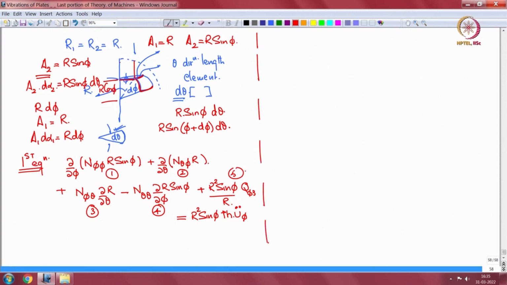So the first term. Let me draw the big element. So here is my axis. This angle is phi. It's exaggerated, so this is my d phi.